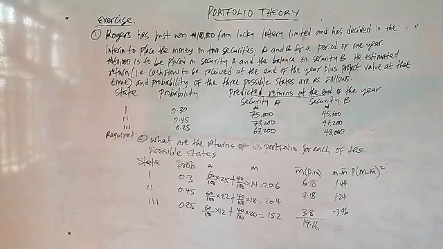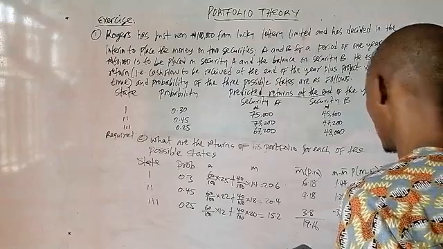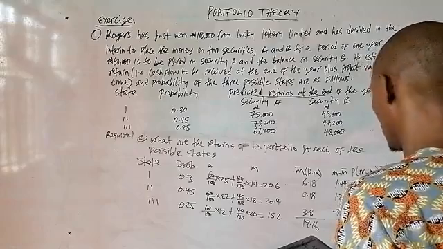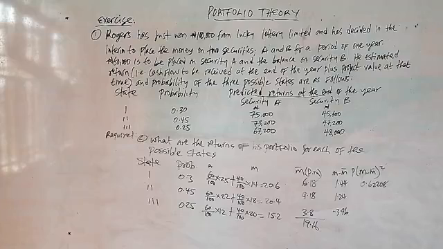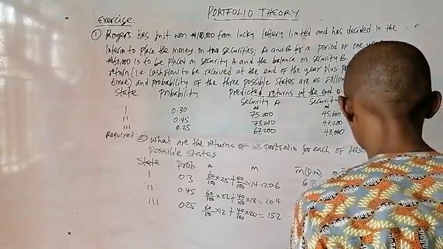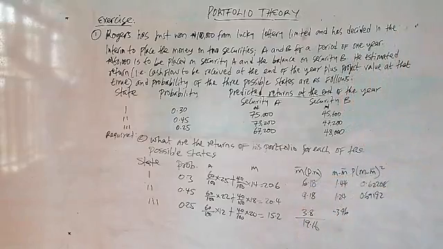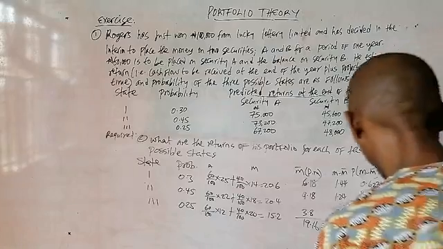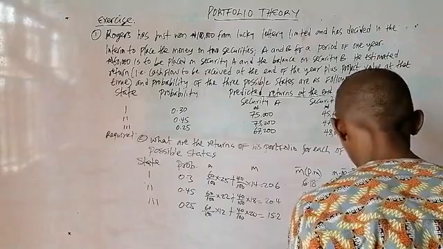So square it. 1.44 multiplied by 1.44 multiplied by the probability 0.3 gives 0.62208. Then 1.24 times 1.24 times 0.45 gives 0.69192. 3.96 times 3.96 multiplied by 0.25 gives 3.9204.